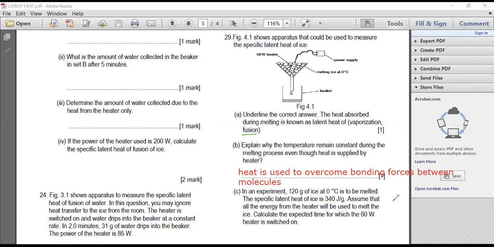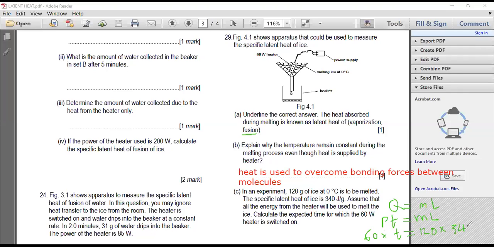Okay, so that means you use Q equals to ml. So change Q to PT. So PT equals to ml. So 60 times your T. And then the mass will be 120. Okay, and then the L will be 340.